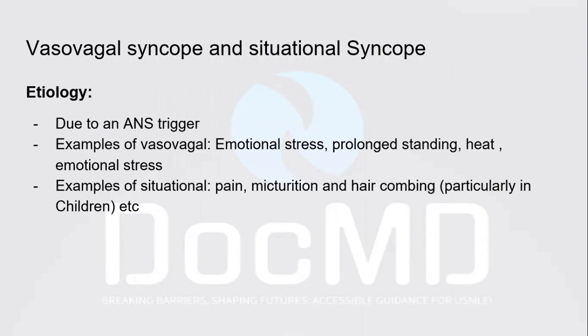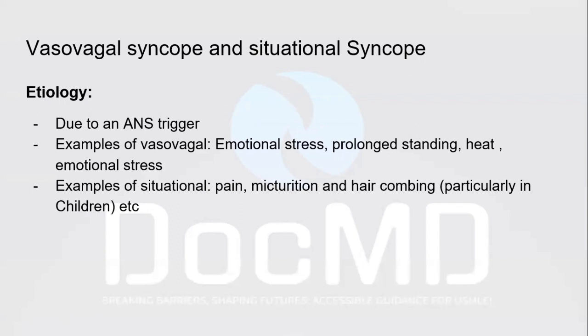Now this is a bit of a tricky topic because of how it happens. Vasovagal syncope basically happens due to an autonomic nervous system trigger. It can happen due to emotional stress, prolonged standing, heat.